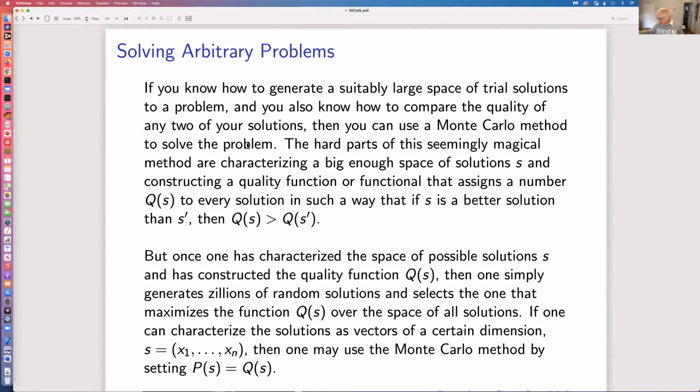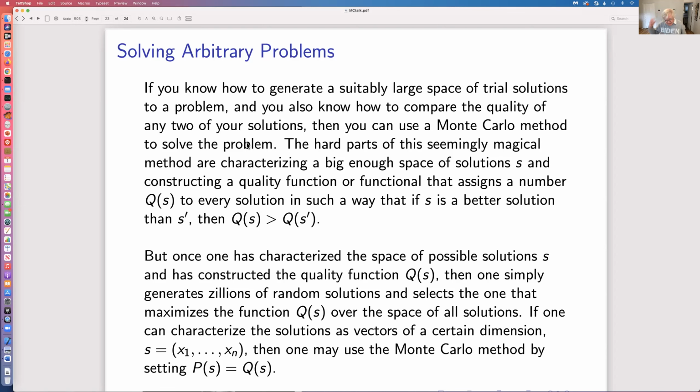This Monte Carlo method is really so robust and of such broad applicability that you can use it to solve arbitrary problems, as long as you can generate a suitably big space of random plausible solutions, and as long as you can test each solution to see how good it is at solving the problem.